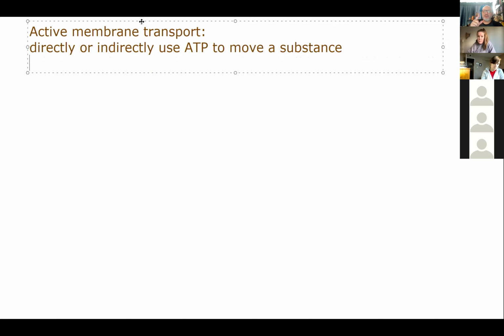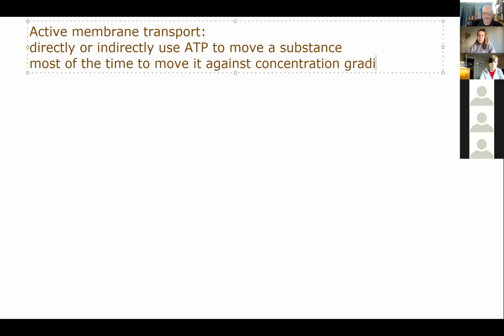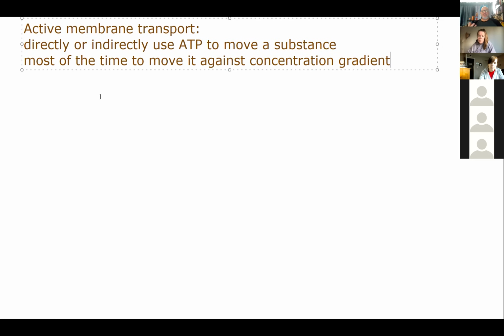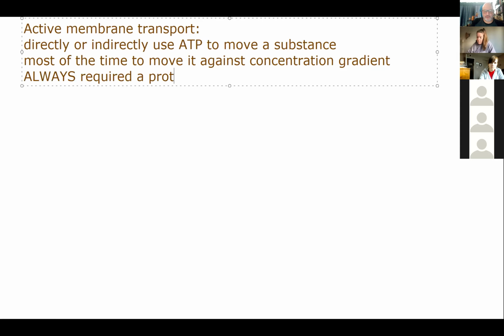And if we're having to use energy to move it, most of the time, which way are we trying to move it? Against the concentration gradient. Excellent. Now, to do this always requires a protein.